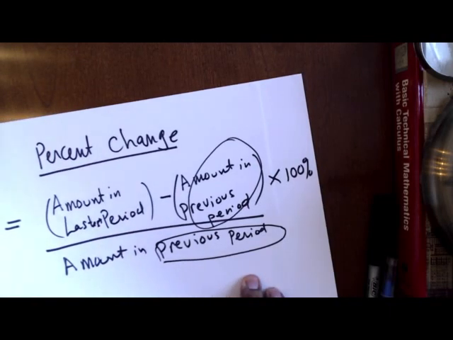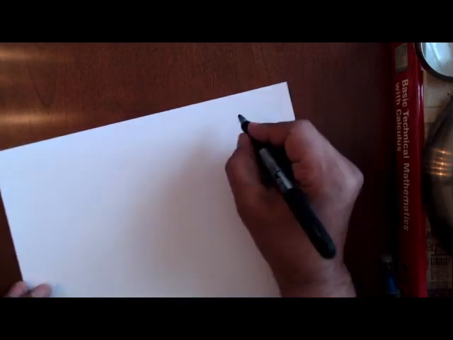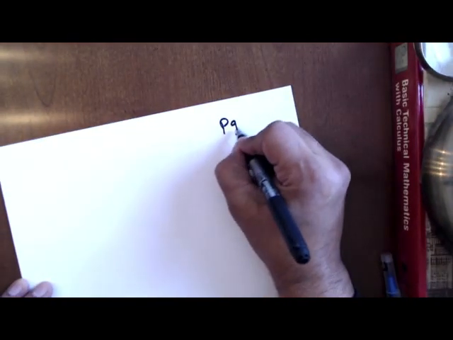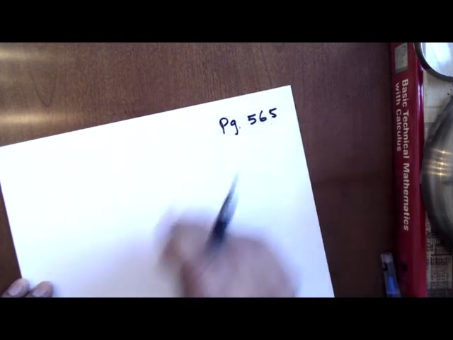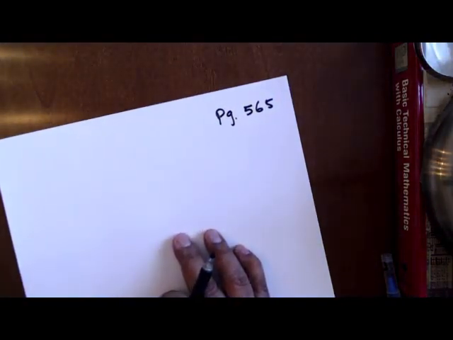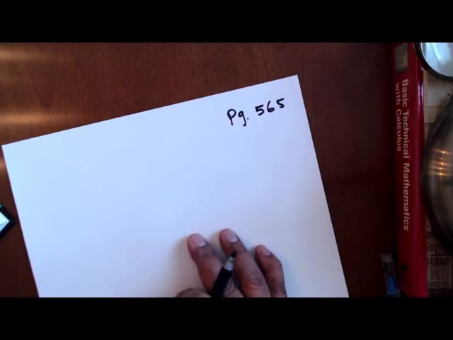Now, let's do an example. For those who have the book, please go to page 565. I'm sorry, 555, where you will find the formula that I just presented to you at the bottom of the page.